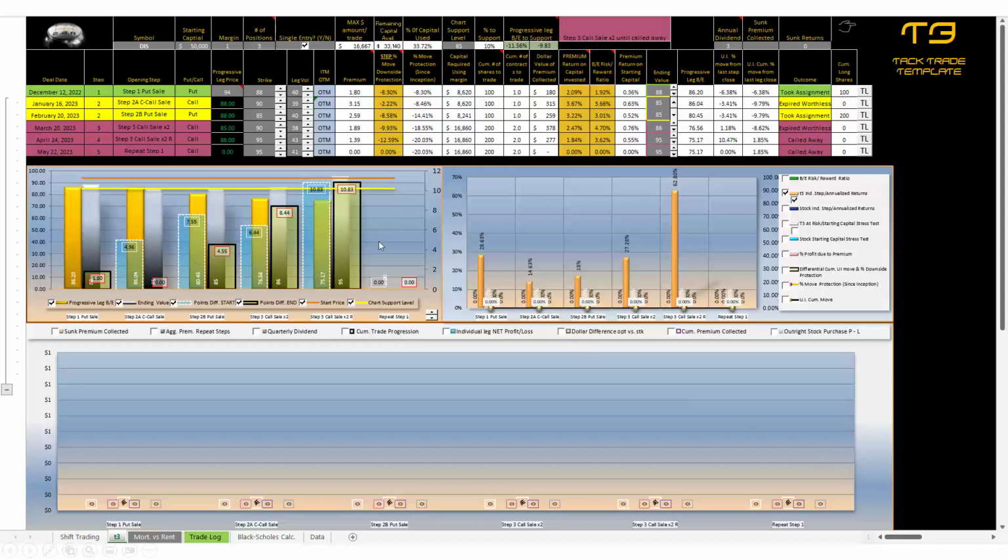Let's go ahead now, since we're using the $86 carry forward price from the end of step 3 options expiration, let's reduce our call strike that we're willing to sell. To get from 86 to 95 in a 30-day window is challenging at best.